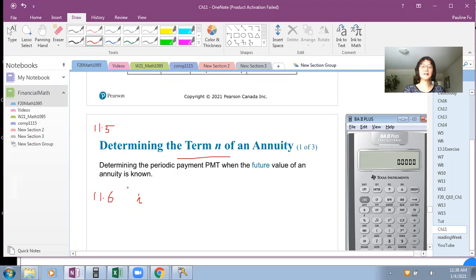Okay, term N and periodic interest rate I is the topic for this lecture. Recall that what is an ordinary simple annuity? Annuity means a series of payments, usually in equal size. Simple means the number of payments per year, PY, equal to the interest conversion period per year, CY.